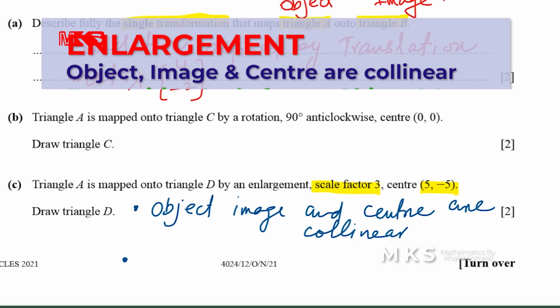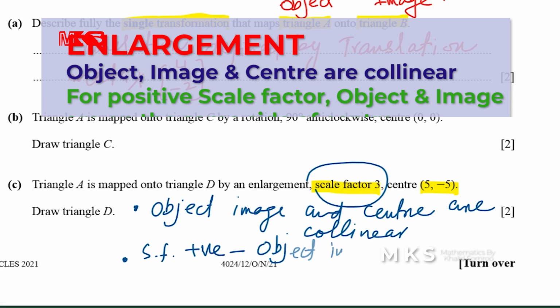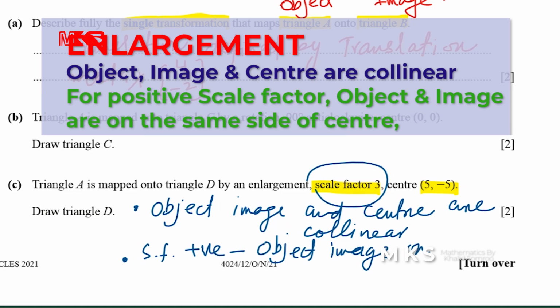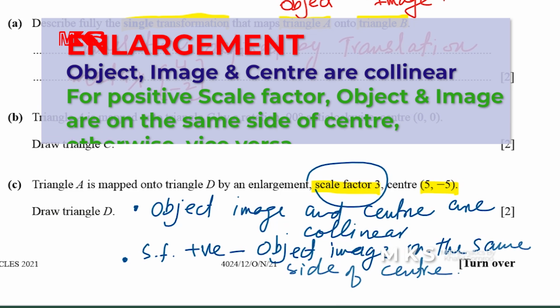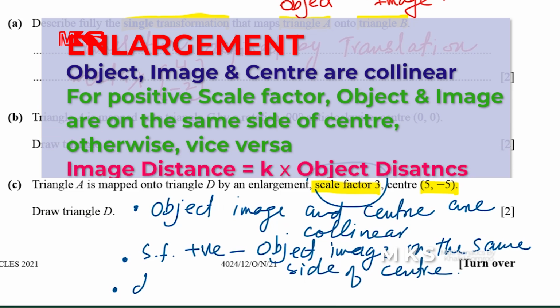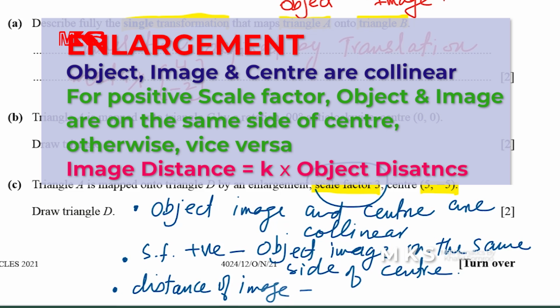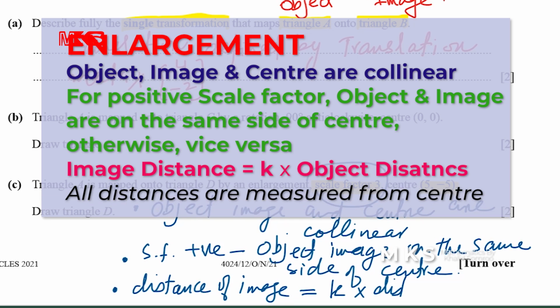If the scale factor is positive, object and image are on the same side of the center. And the third point is the distance of the image. Whenever we talk about distance, distance is always measured from the center. So the distance of the image is k times, meaning scale factor times, the distance of the object from the center.